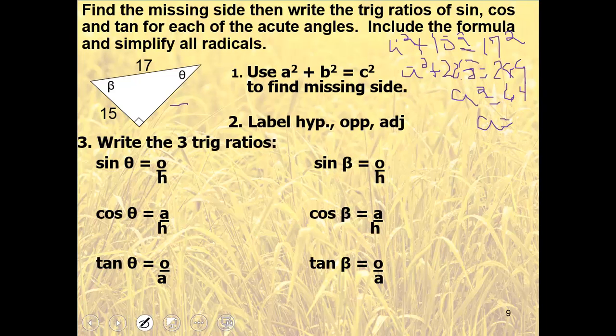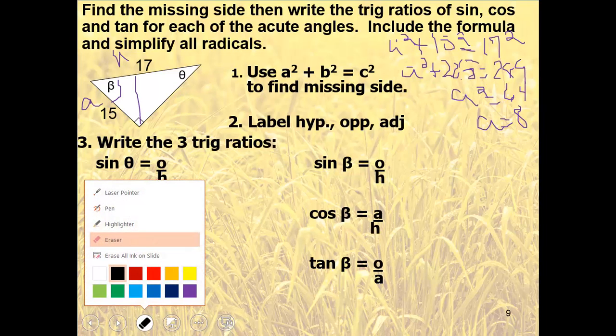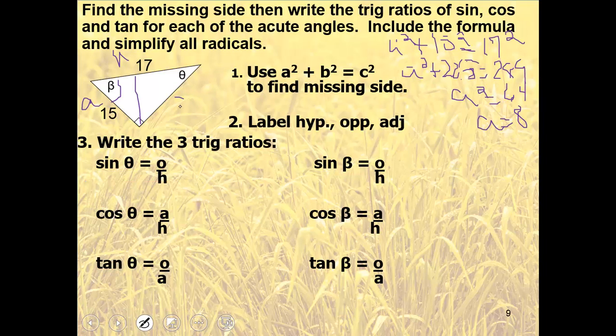So a is going to be 8. So that's this side right here. Now I'm going to let go of a, b, and c because I need to think through opposite, adjacent, and hypotenuse. So this is my hypotenuse, doing beta. This is my adjacent, and this funky little thing right here is my side opposite.